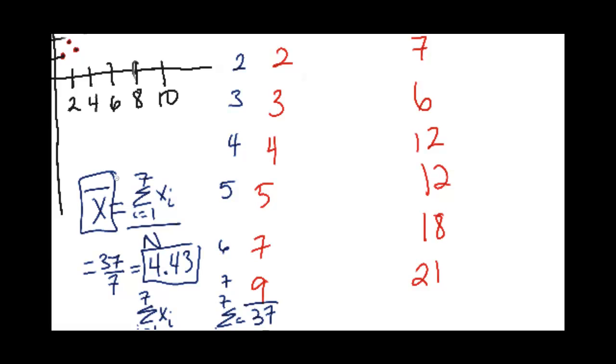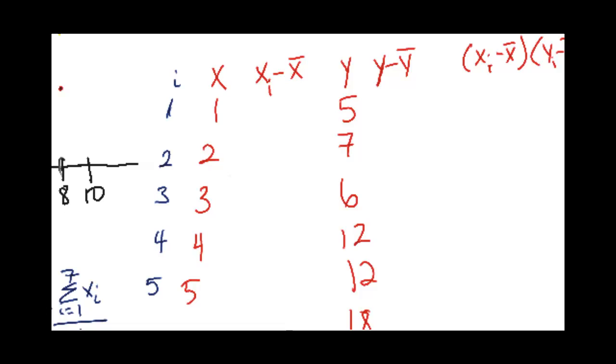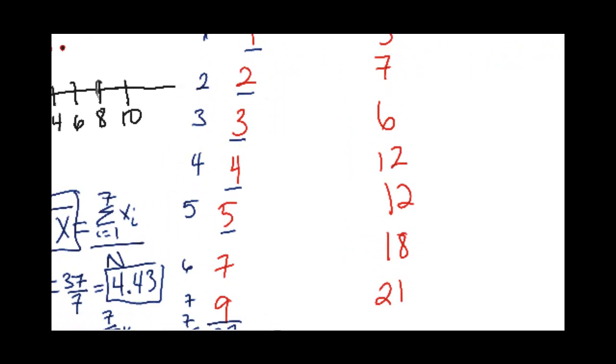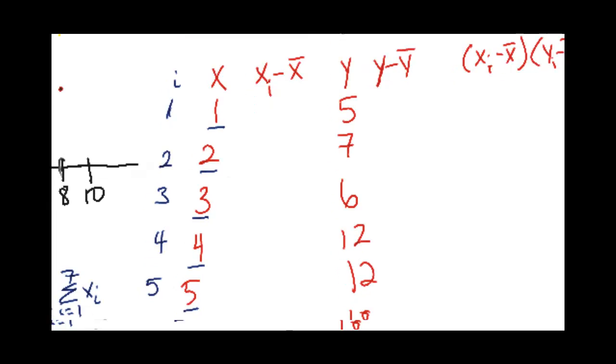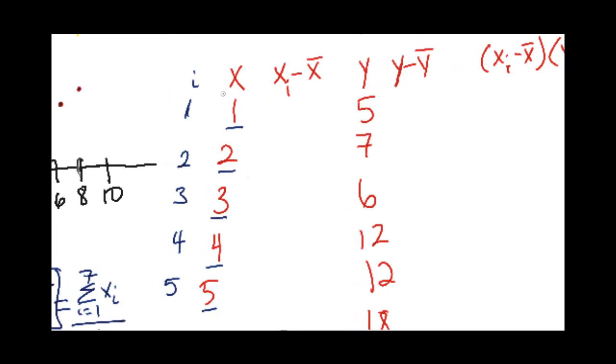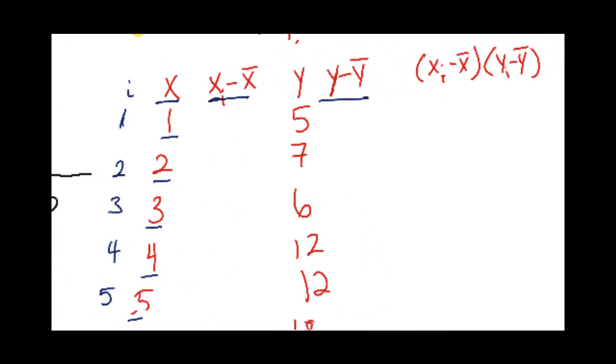Then you do the deviations, in which you take each one of these data points and subtract the 4.43 that you just calculated. When you do that, you should get these numbers here. Hopefully you've set up this table already; if not, watch the concept video.